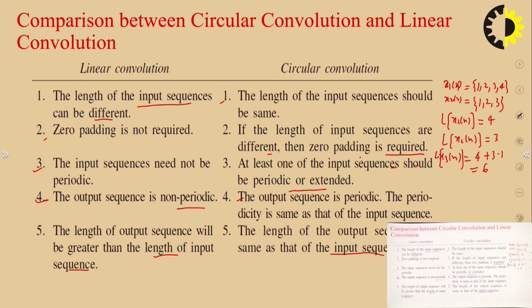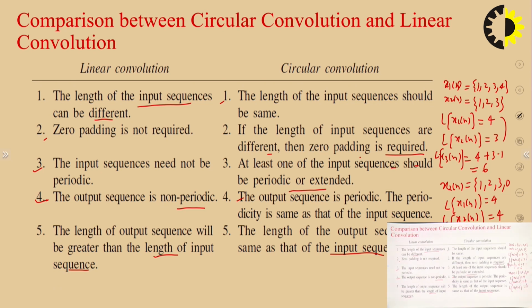And what about the length of the circularly convolved sequence? For performing it, we have to perform zero padding. So now the new sequence x2(n) will become 1, 2, 3 and 0. In this case the length of x1(n) is again 4, and the length of x2(n) becomes 4. So the length of the convolved sequence x3(n) will also be 4.